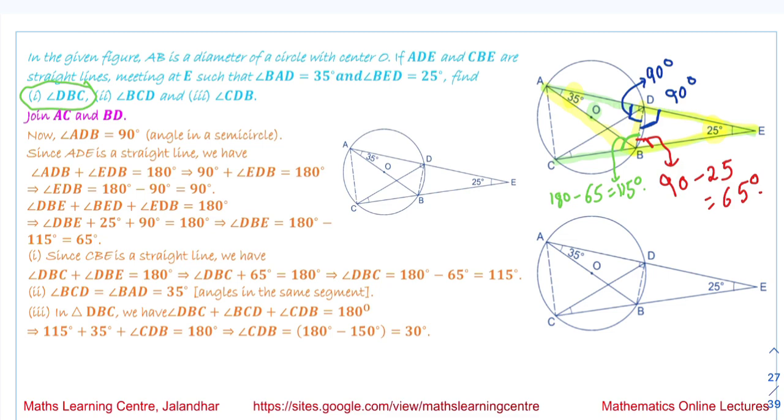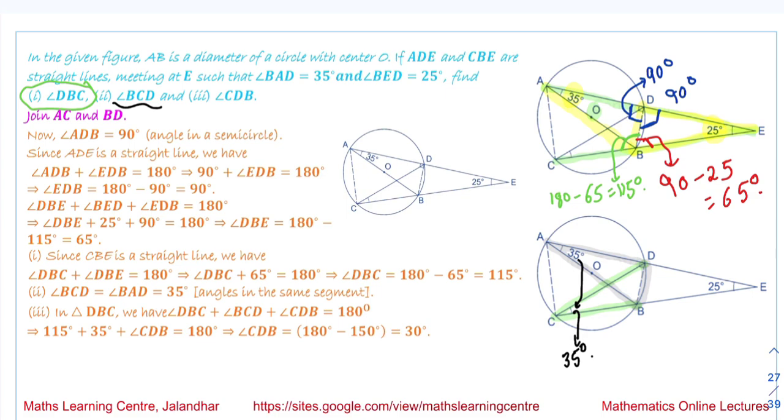Next, if we look at this arc BD, one angle is BAD and the second angle is BCD. Both these are on this arc and this angle will be 35 degrees. Now this is the angle BCD, the second angle we have to calculate, and third we are talking about the angle CDB.